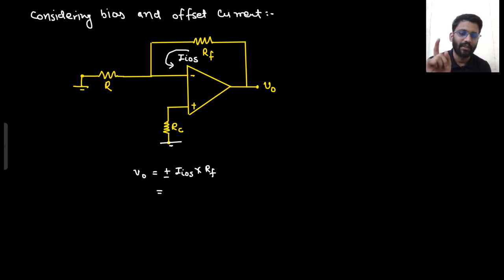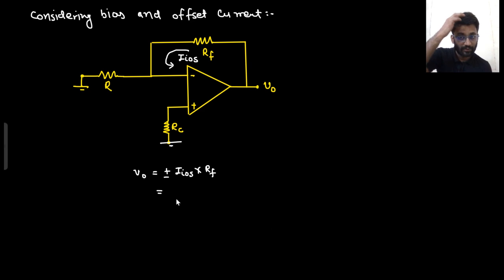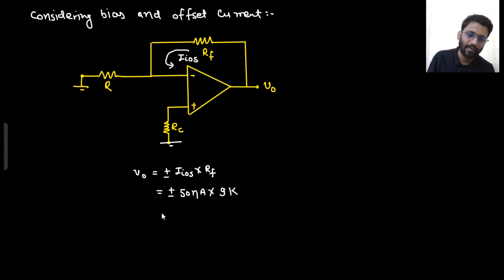What is my offset current? That is 50 nano ampere. Plus minus 50 nano ampere into RF. RF is 9 kilo ohm. 5 into 10 to the power minus 8, 10 to the power minus 3, 45 into 10 to the power minus 5 we are getting, right?